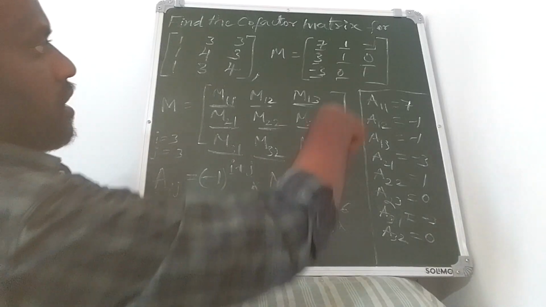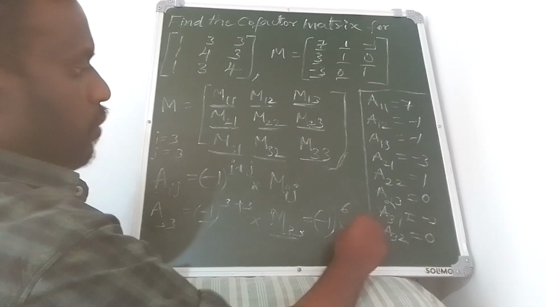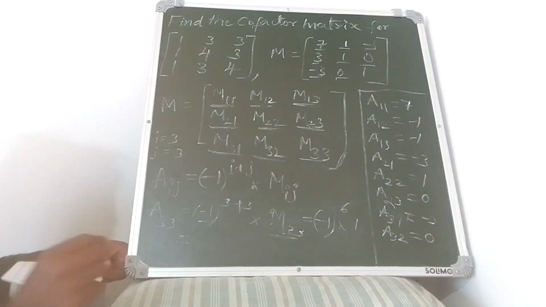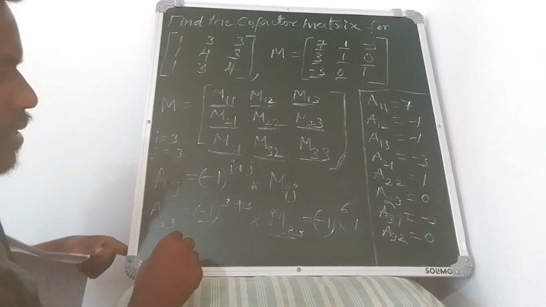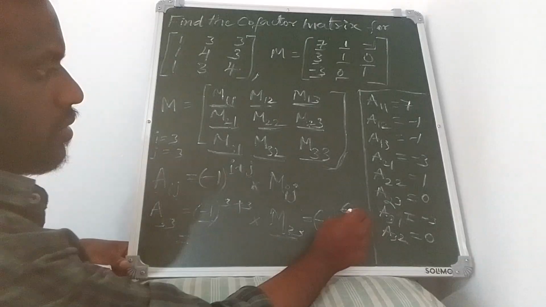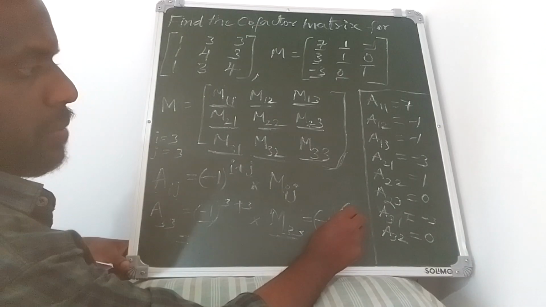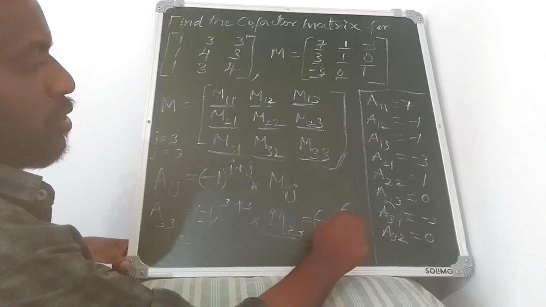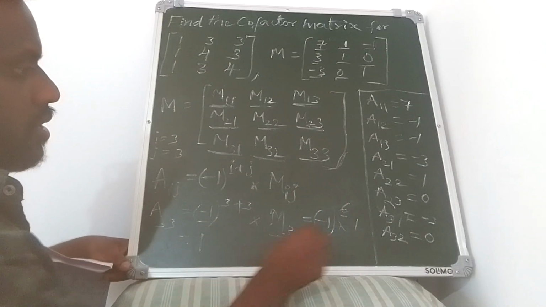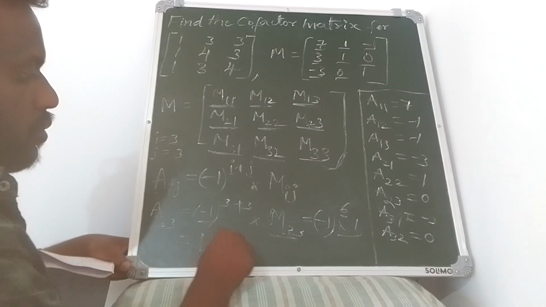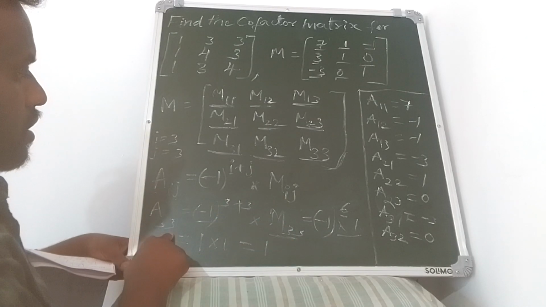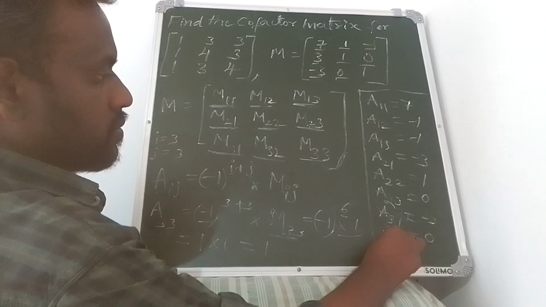In place of m33 we have 1. So that 1 you will write here. Now 6 is an even number because it can be divided by 2 completely. So minus 1 to the power of an even number will get plus 1, into 1, that is equal to 1. So we got a33 is equal to 1.